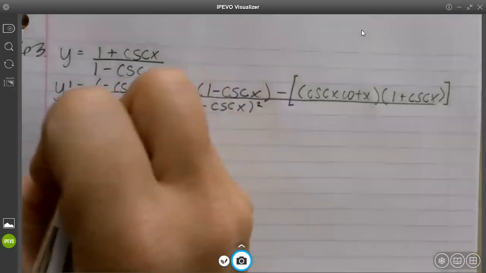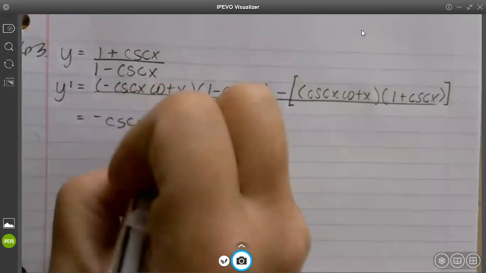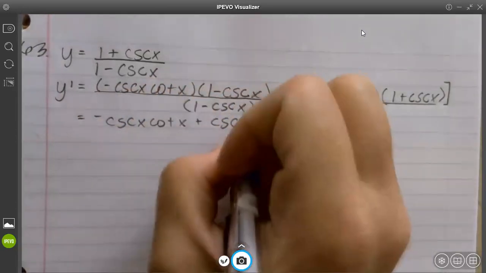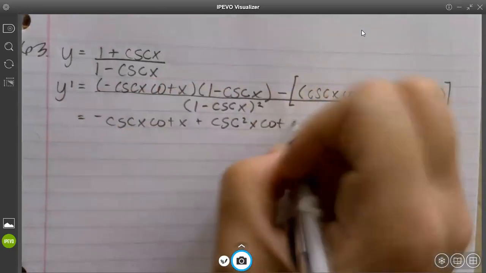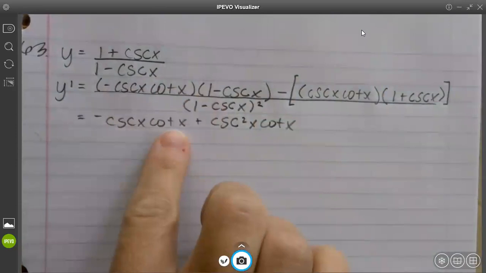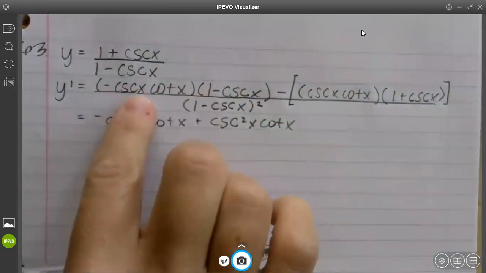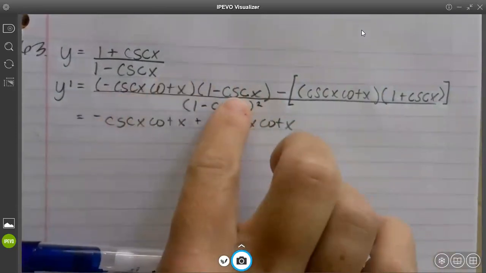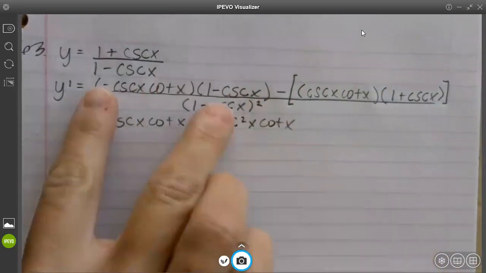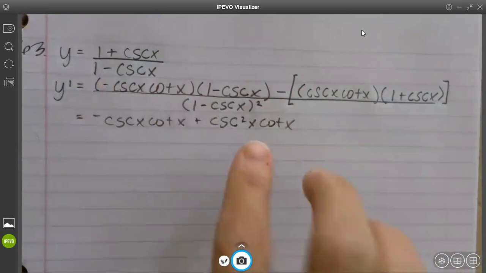You're going to distribute. Here, negative cosecant x cotan x times 1 is just the same thing. Negative cosecant x cotan x times cosecant x is cosecant squared x. It changes to positive because they're both negative. Cotan.